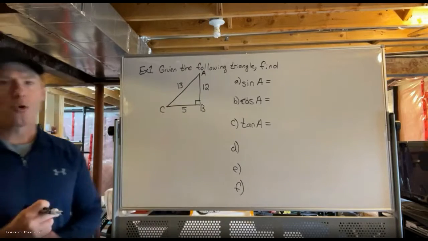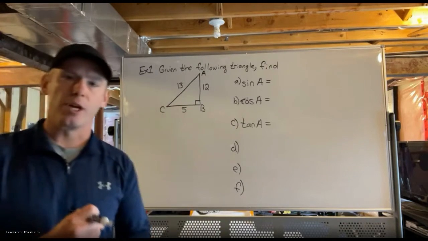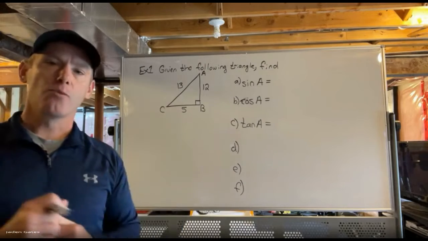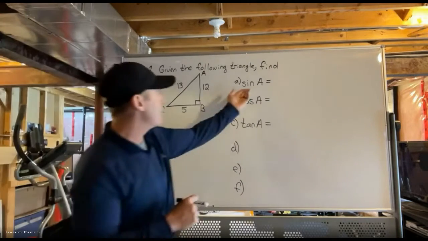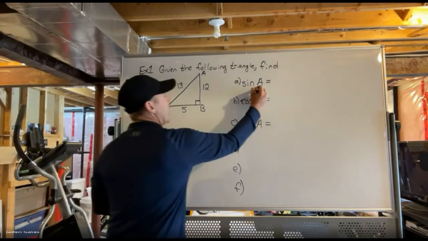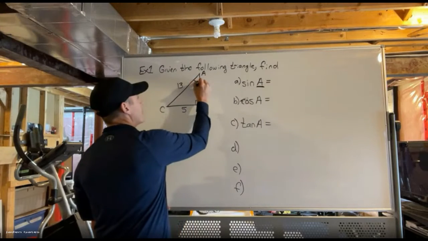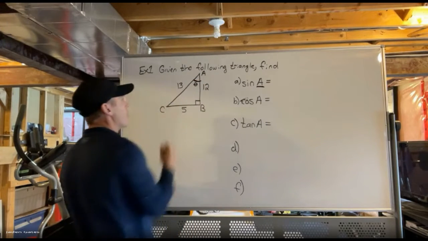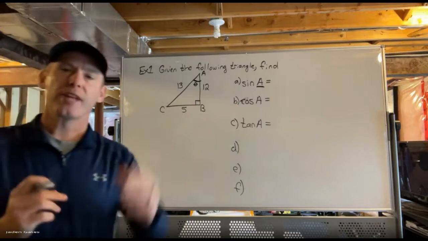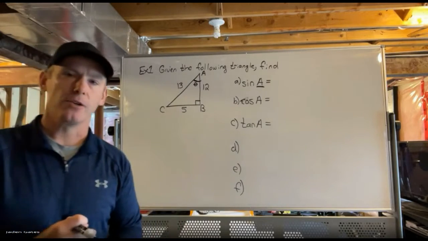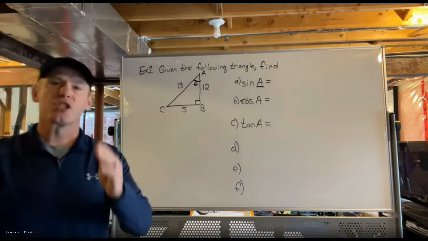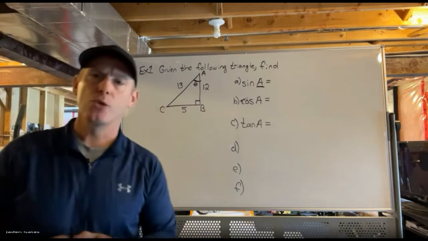Now, I'm going to explain how to find these ratios. The sine ratio, sine of A. First of all, the A is telling us this is the angle we're looking for, our theta, if you will. That's our perspective. We're looking from that angle. When I'm looking for sine, I'm going to take two sides and divide them.